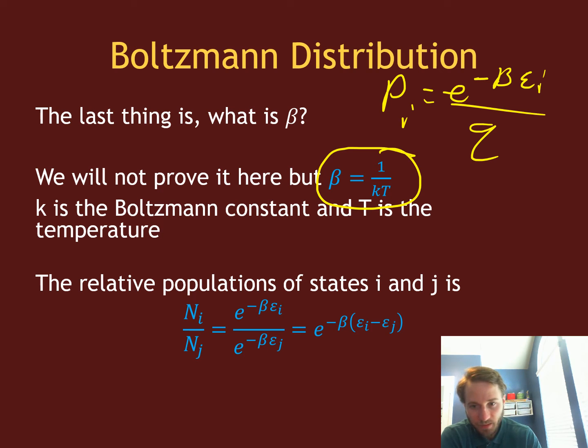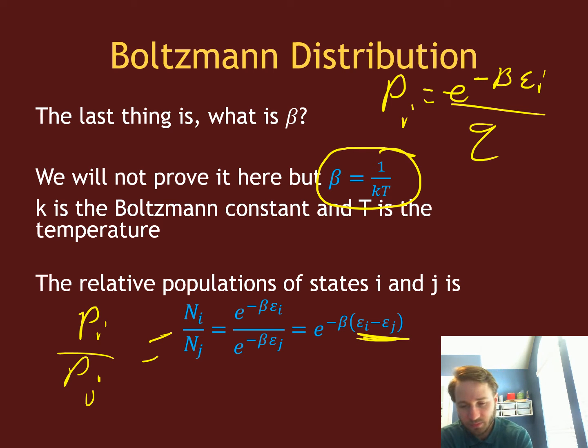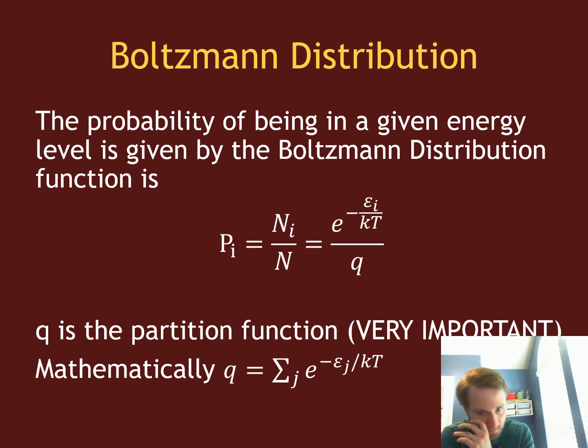And if I'm curious about the probability of being in state i versus the probability of being in state j, that's equal to this ratio, which ends up being just e to the minus beta times the difference between those two energy levels.